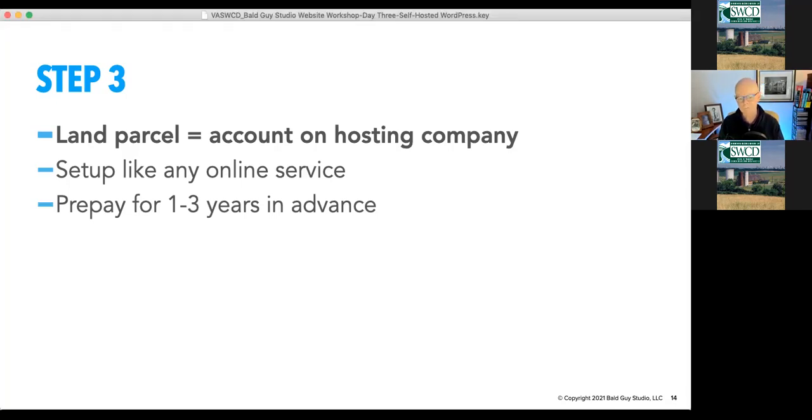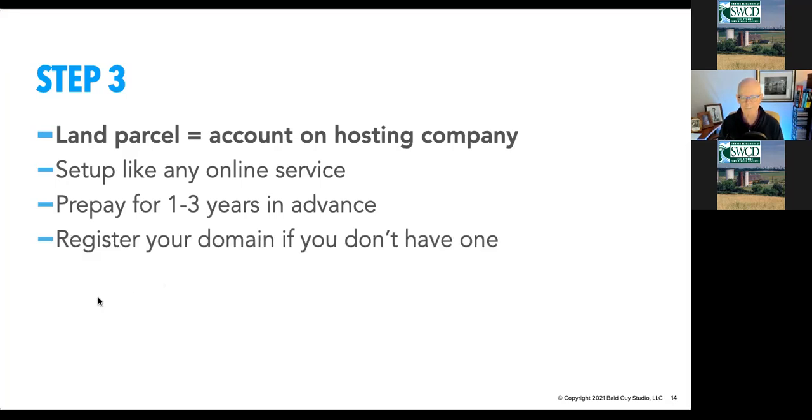In a lot of cases, you'll be able to get a discount if you extend out a little bit further. You take a little bit more of a risk by prepaying that much in advance, but if you've made a good decision about what your land parcel is in the first place, then you'll be good to go for 3 years. So this is where you're also going to register your domain if you don't already have one.